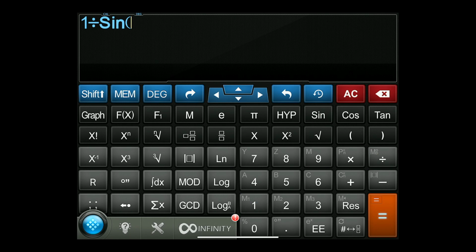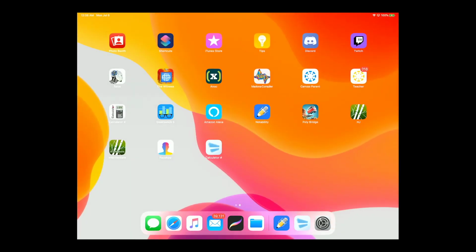So where's my pi key? Oh, there it is. Pi over 4. There we go. Is that right? Almost. Have to be in radian mode, right? Because pi over 4 is in radians, not degrees. So switch to radian mode to calculate it. All right, what do we get? 1.41.